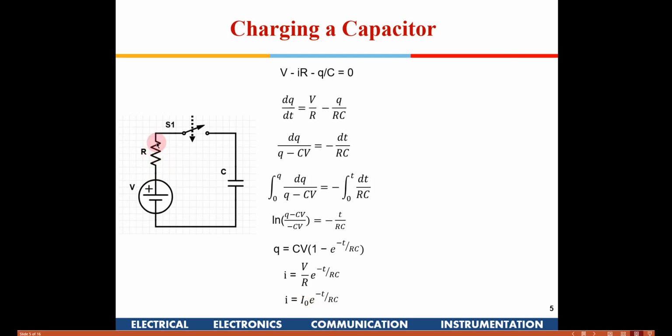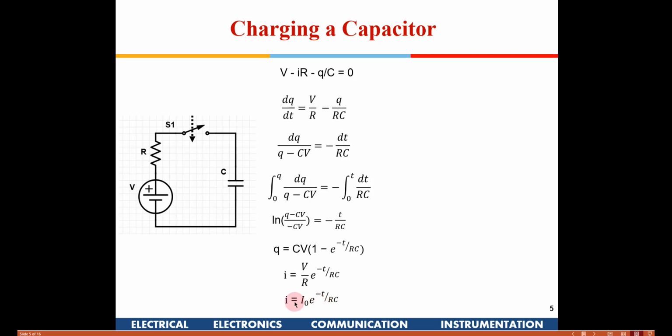Subsequently, as the current keeps flowing in this circuit, the capacitor will get charged to V. Once the capacitor gets charged to V, the current will become 0, because these two potentials oppose each other and no current can pass through this resistance R. So in this equation, if I put t equal to infinity, this term will become 0.